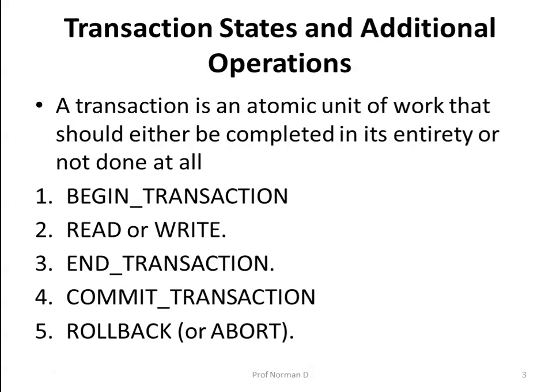Therefore, the recovery manager of the database management system needs to keep track of the following operations. It keeps track of when the transaction began, whether it was a read operation or a write operation, when the transaction completed, and whether the transaction was committed or aborted.